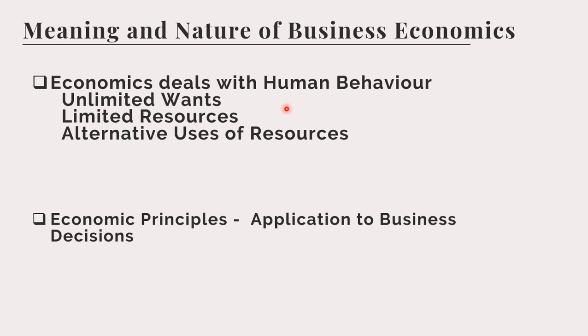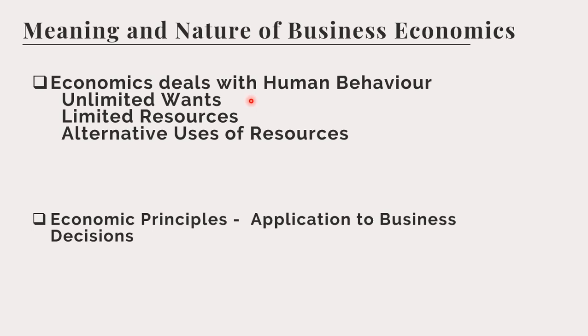Out of various choices, which choice is very suitable and which choice is very rational? That is what the subject matter of economics is related to, meaning rational choice. Economics is related with rational decisions when various alternatives are available in front of a human being. So this is the science which is related with human behavior.